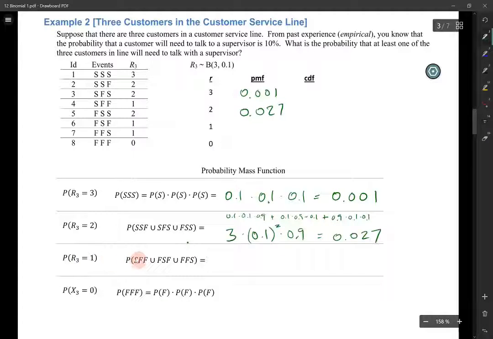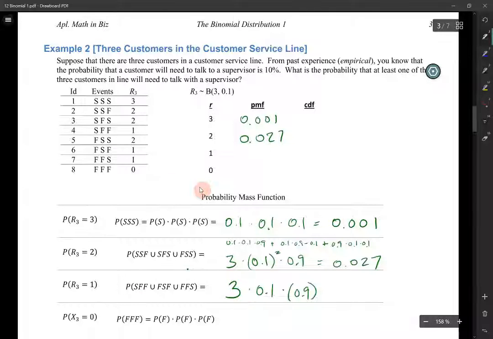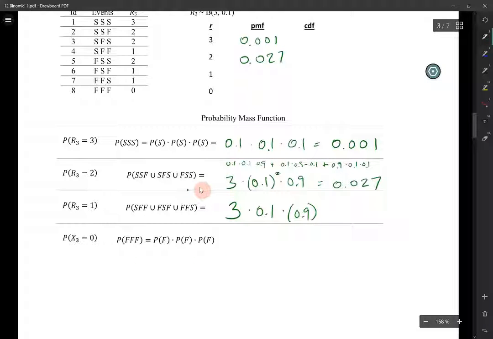Okay, and then the next one down is actually similar to this, except instead of being 2 of the 0.1s and only 1 of the 0.9s, it's kind of the opposite, where it's 2 of the 0.9s and then 1 of the 0.1s. So again, we have 3 of them, and we have the 0.1 by itself, and then now we have the 0.9 squared.